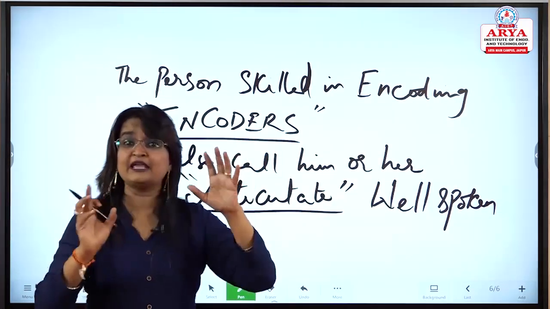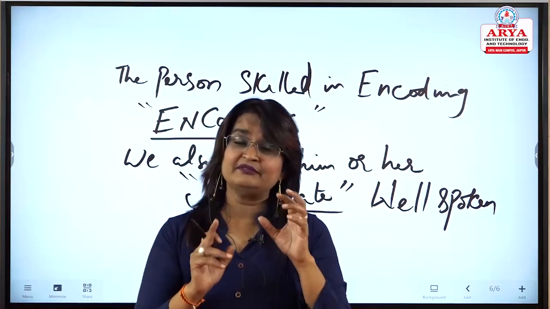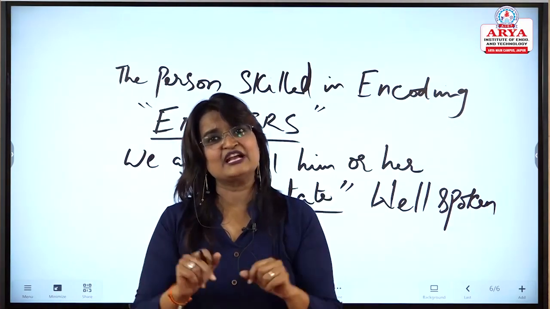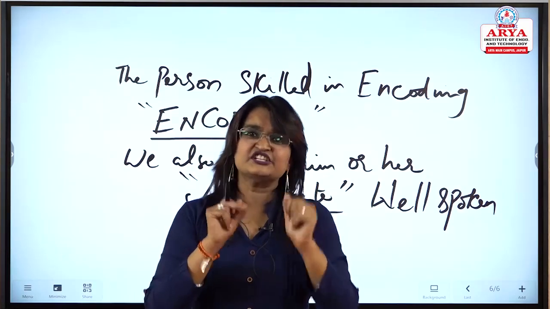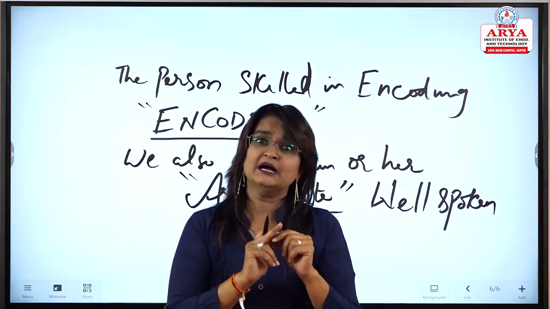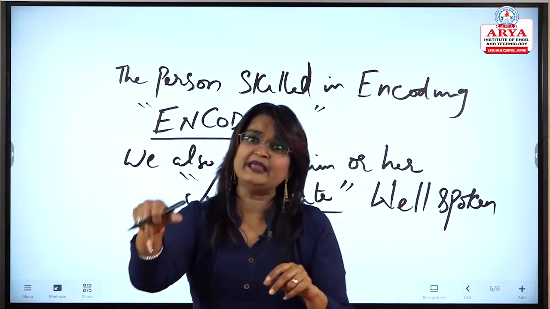When we are talking about the channel of communication, these are all interlinked. If the channel of communication is proper, the communication is proper. If the channel of encoding is proper, only then would the decoding be proper.